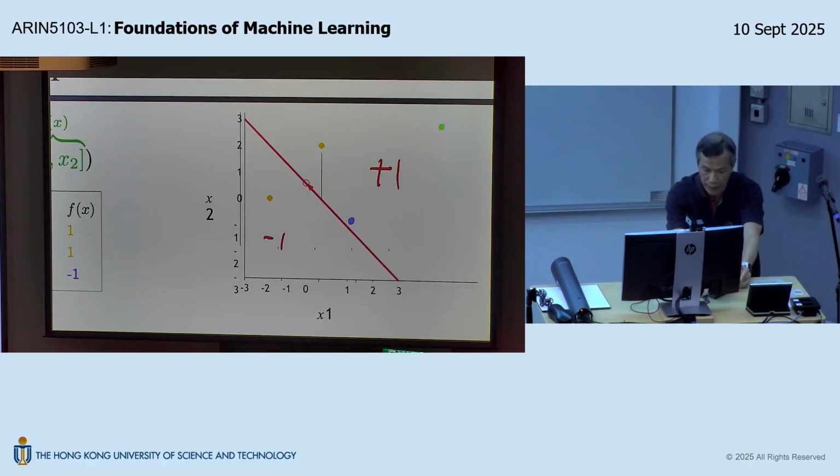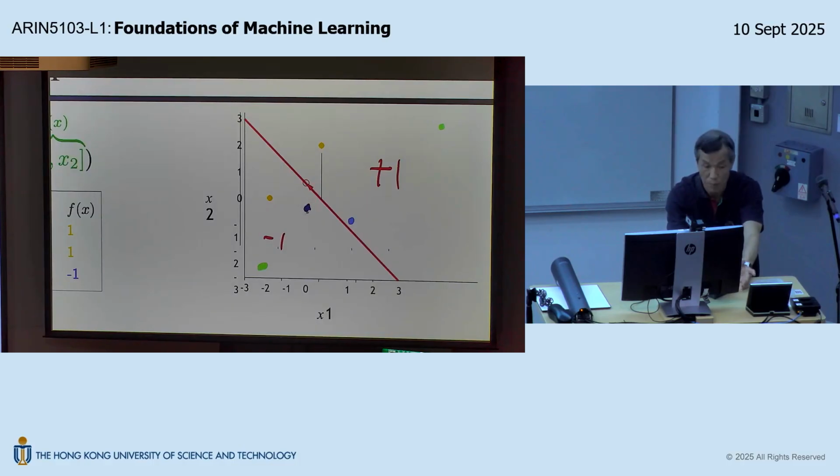Similarly, if the point is here, compared with another point here, then the dot product will be negative.